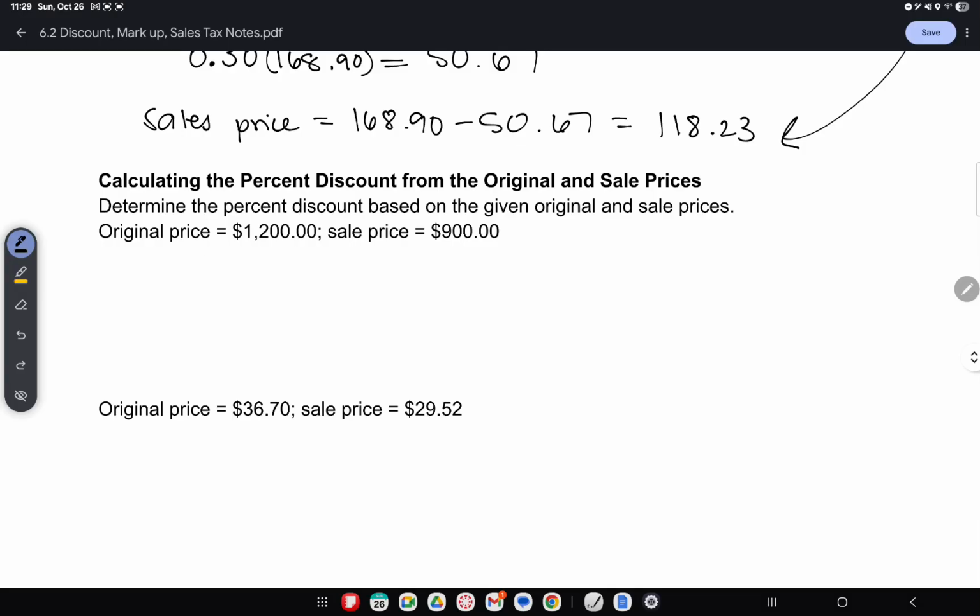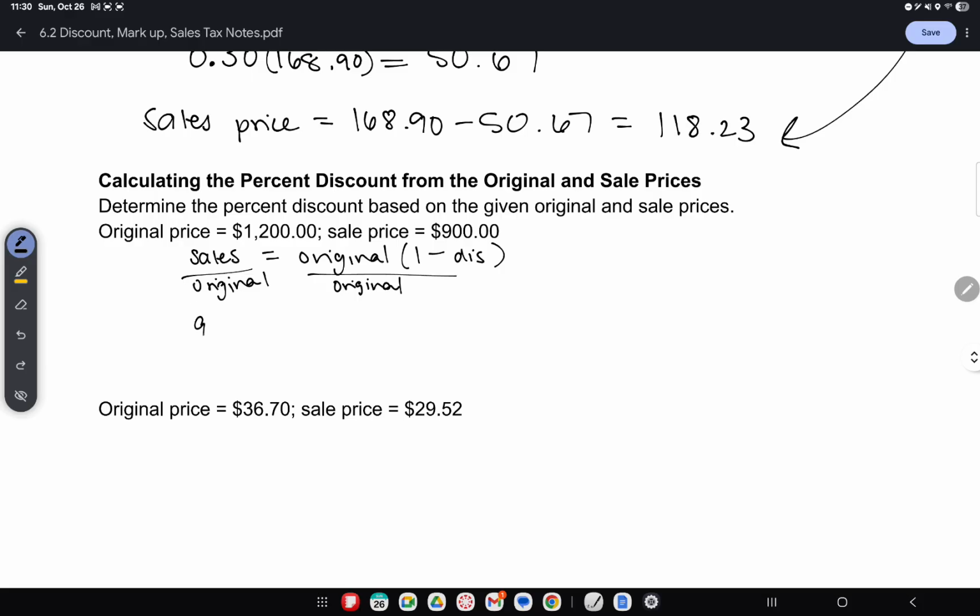Because the way I think about it is if we use that formula that the sales price is the original times 1 minus the discount, we would eventually be dividing both sides by the original amount anyway.